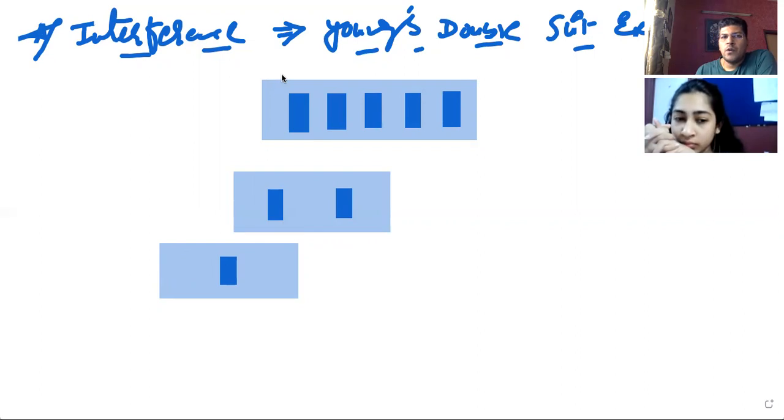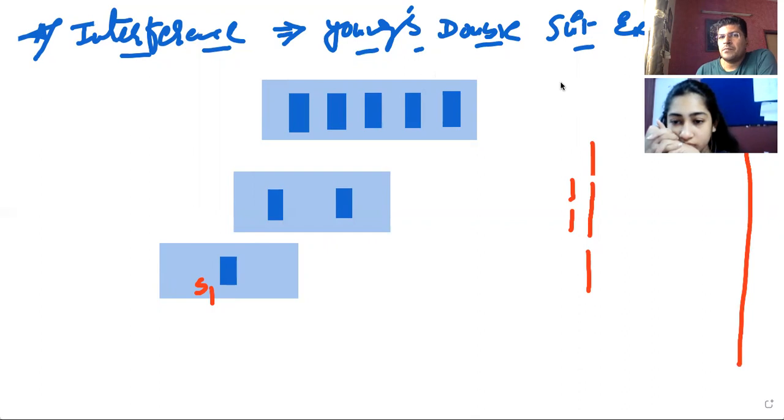So let's say I am putting a source here. Source means it must be a light. Initially I put it like this. This is my first slit. Then I have two slits together, and this is a screen.